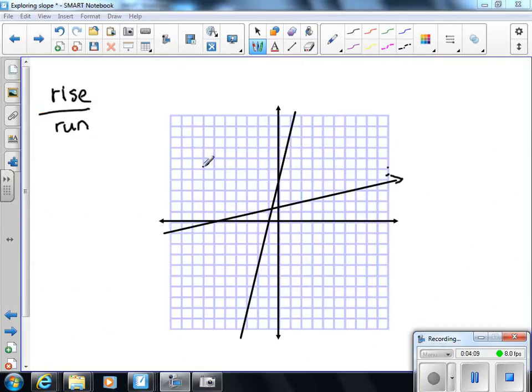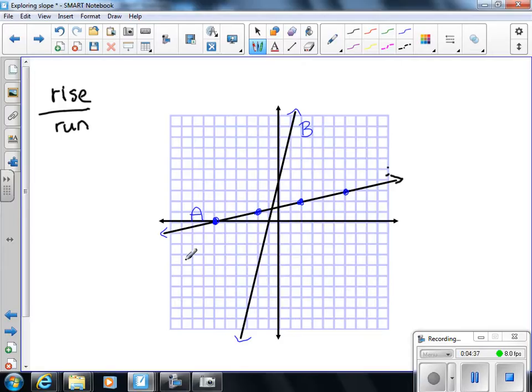Okay, let's take a look at a couple of lines here. Now let's find their slope. Say this is line A and this is line B. Let's look at line A. We need to find 2 points on the grid axis. You see it's not hitting it always. So let's find one. Let's say it's hitting this one and this one. Okay, is that going to hit them?